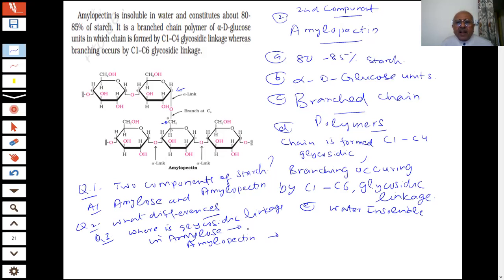Here you have a straight chain, C1, C4 carbon of alpha D glucose, and here the chain is formed by C1, C4, and branching is at C1 and C6, alpha D plus glucose units.